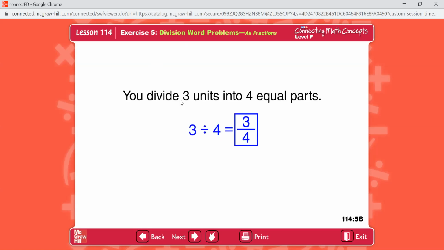Right here. This is saying this, which also means this. Yes, each part is 3/4 of a unit.